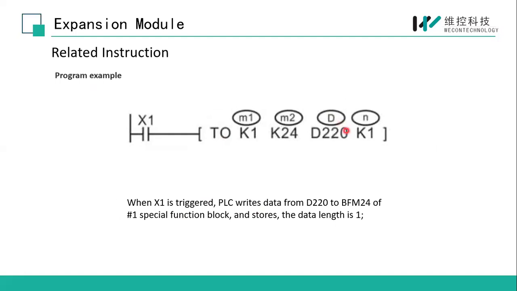The data is from D12, 2220, and writes it to the first module. And the memory address is BFM24. The data length is 1.